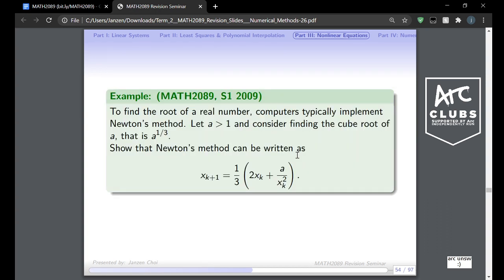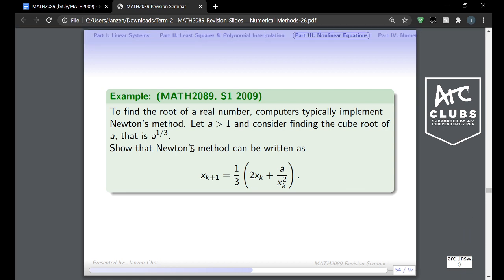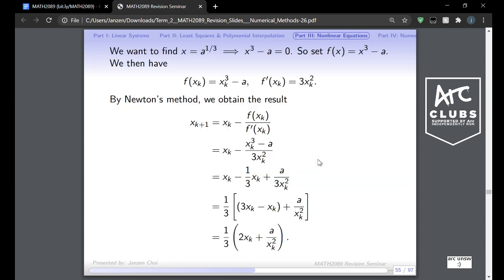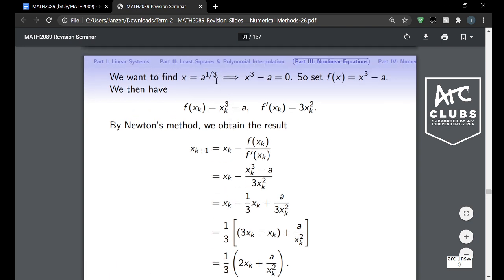Yep. So we can also employ Newton's method to solve questions such as these, where they ask us to find the cube root of a value through approximation. Show that Newton's method can be written as that. Basically, we want to find the cube root of a.